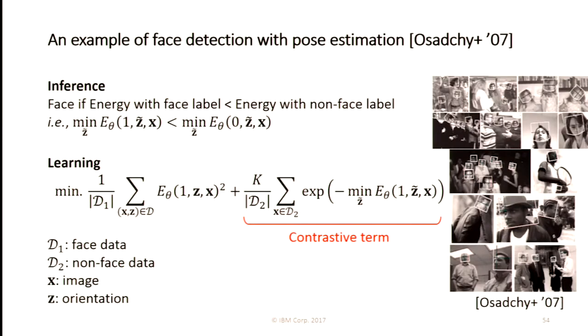One example has been studied for face detection, including pose estimation. Here they use an energy which takes three inputs. The first argument is 0 or 1, which represents whether the image is face or non-face. The second one, Z, represents the orientation of your face, the angles, and X is your image.